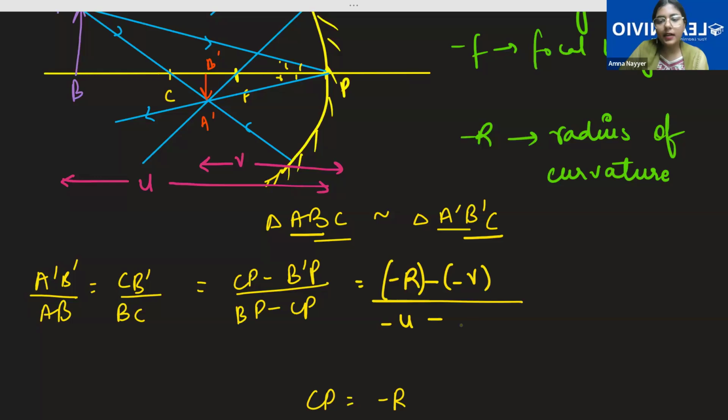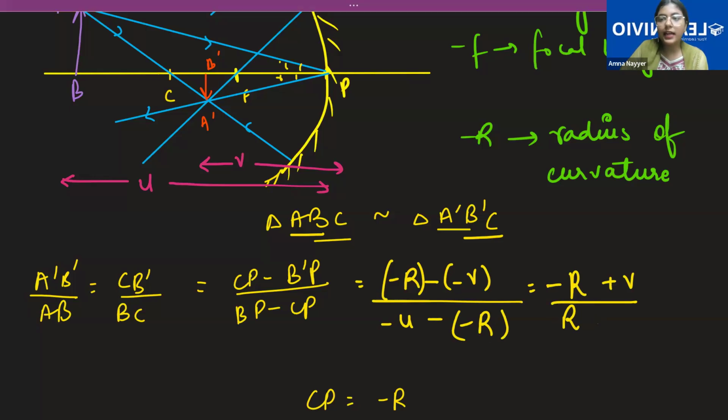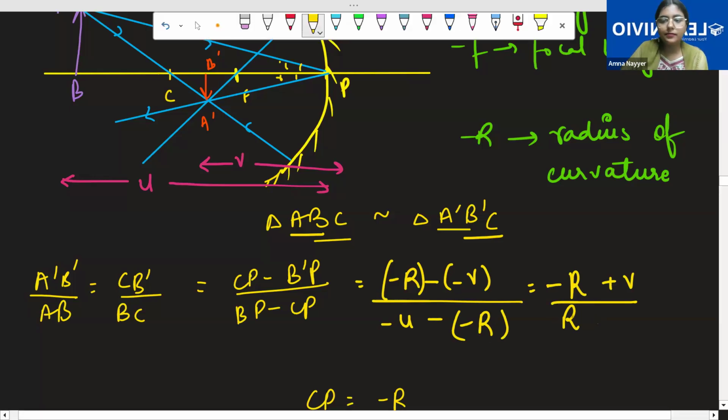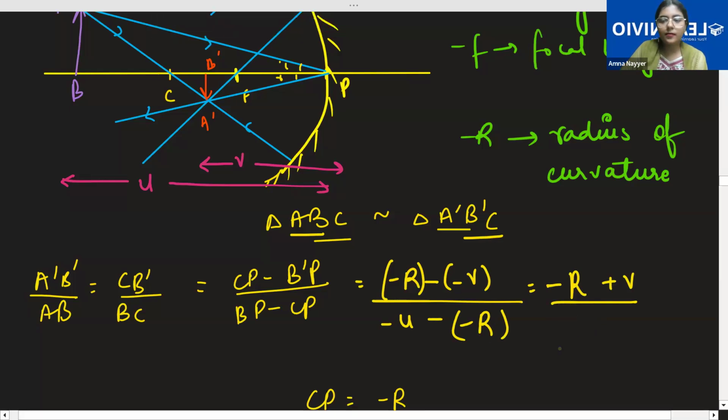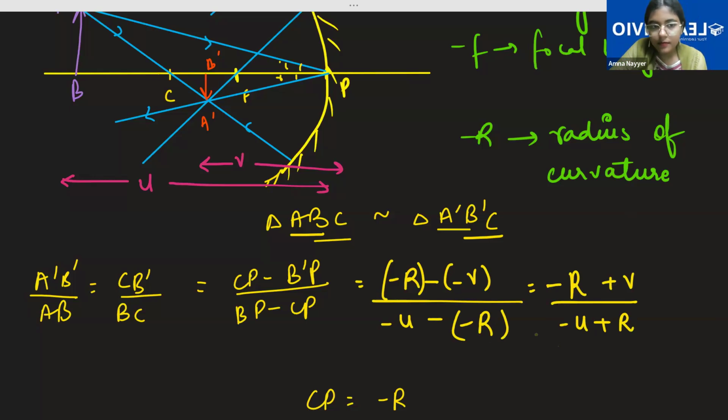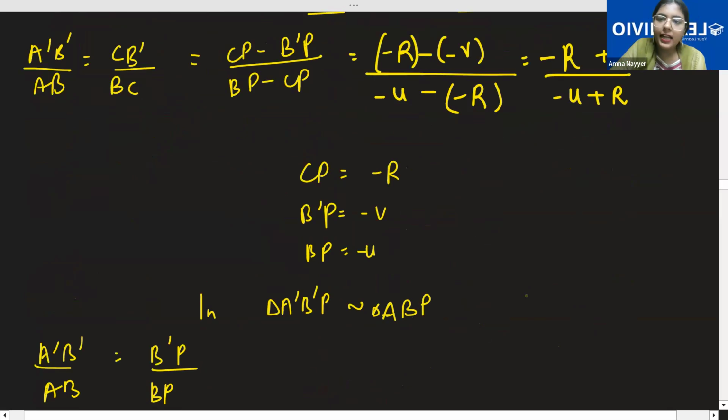CP is again minus R. So we can say minus R plus V by minus R minus U plus R, minus U plus R. We can say this is the equation formed. We can say the ratio is equal to this.